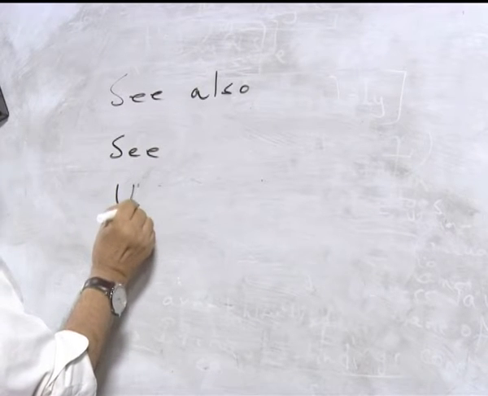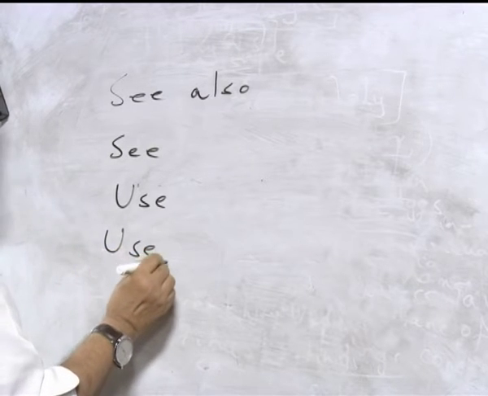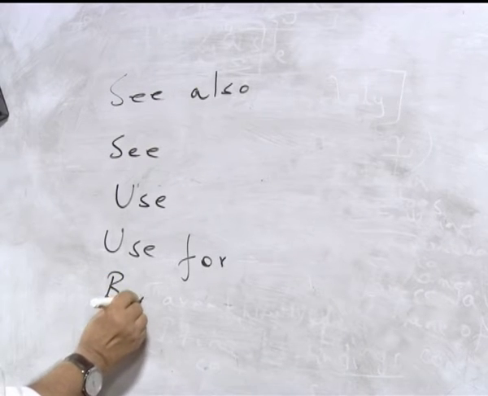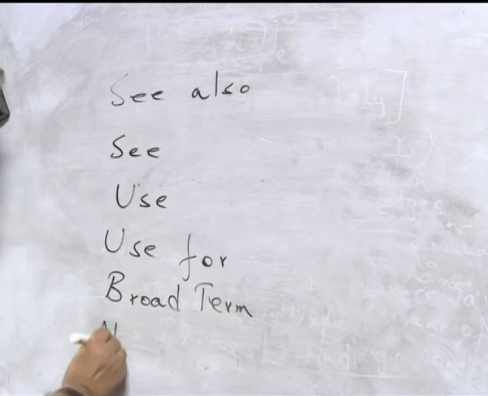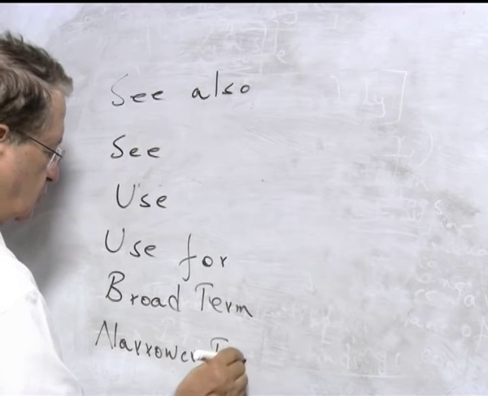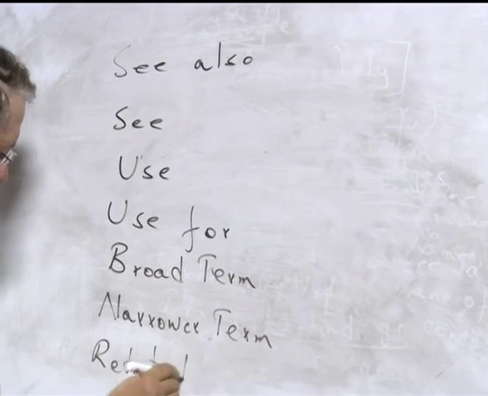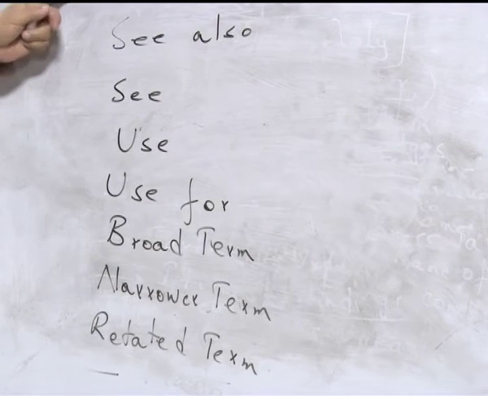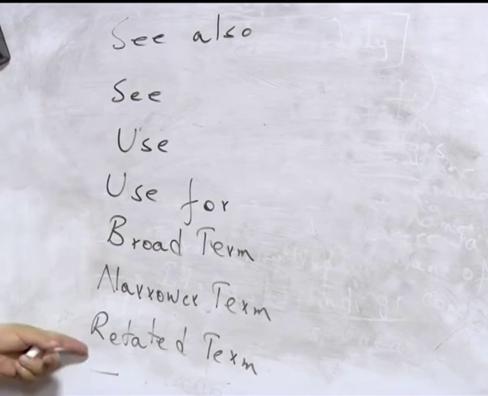They also use the term use, they also use for, they also use the term broad term, narrow term, and related term. This is to try and overcome the problems that we have in the use of languages.